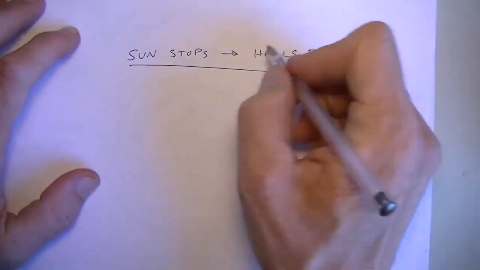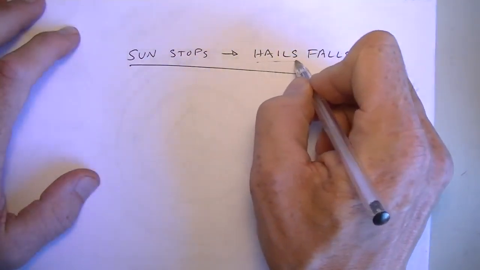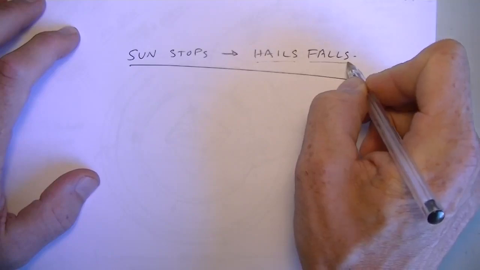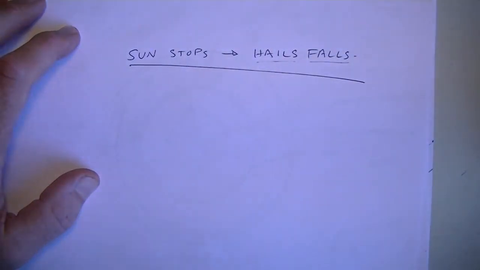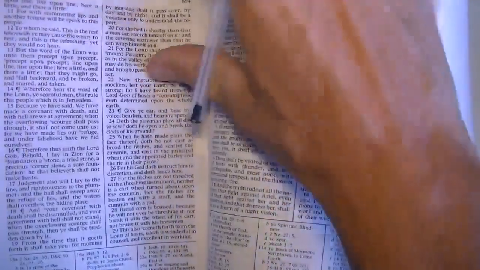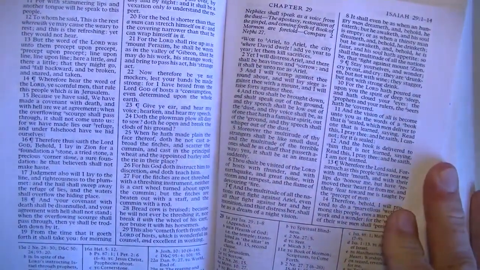Now, let's look at some of the verses in the Bible where it talks about hail falling, okay? Go to Isaiah chapter 28. Isaiah 28.